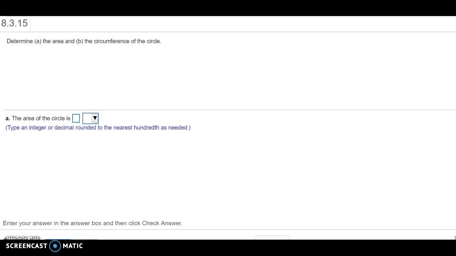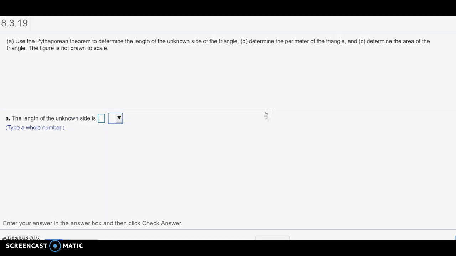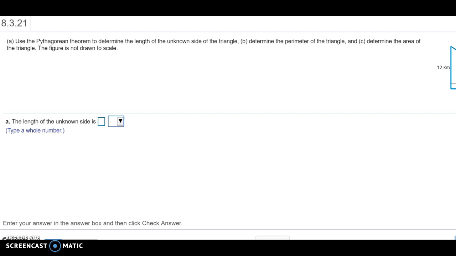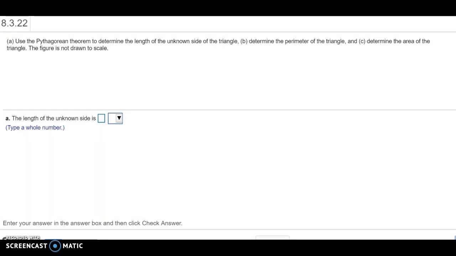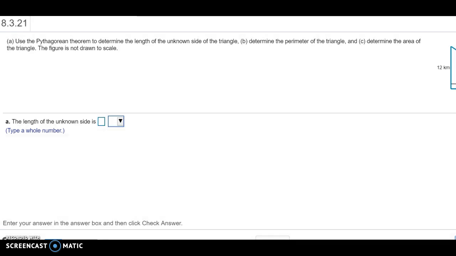I want one that's a composite figure, one that's a little more complex and less straightforward than just finding the area of a polygon. Let's do this one.